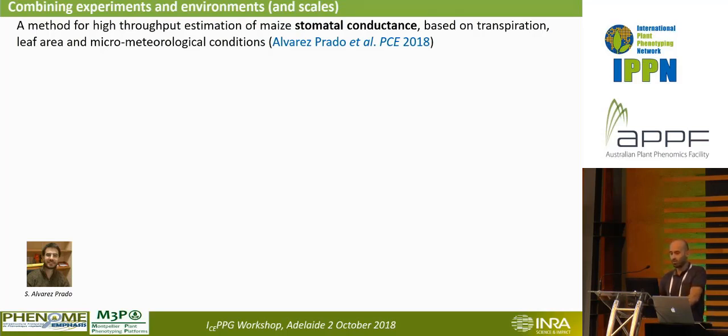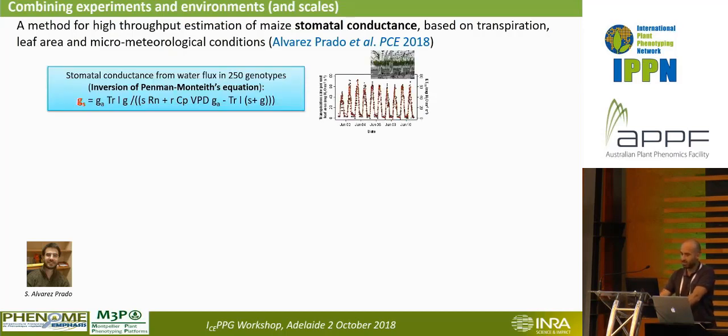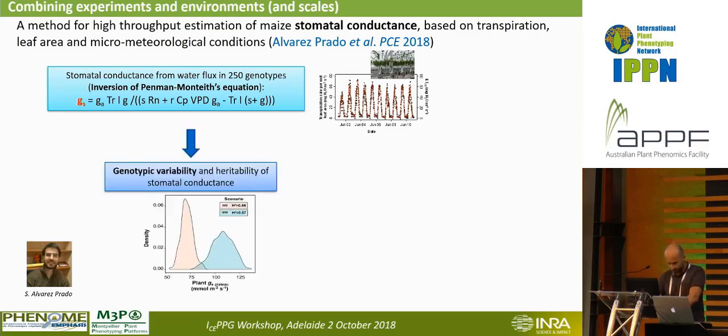Similarly, this is the work of Santiago Alvarez Prado. He did some work developing a method for estimating stomatal conductance based on transpiration, leaf area, and micrometeorological conditions. Basically, he inverted the Penman-Monteith equation. So with this information of transpiration, leaf area, and micrometeorological conditions, he estimated the stomatal conductance in 750 plants.